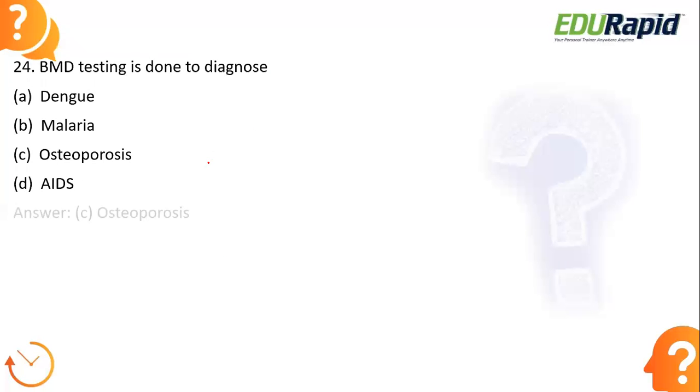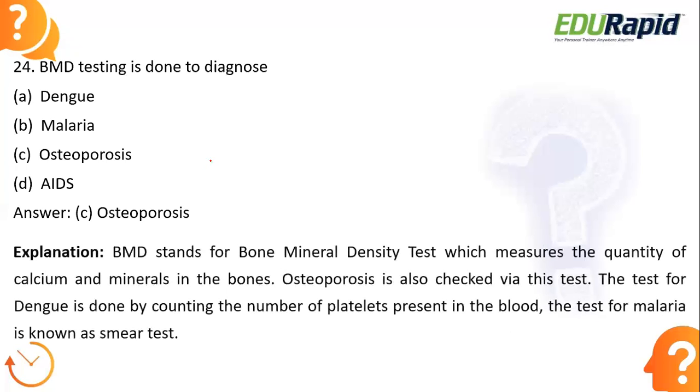And here the right answer is option C, osteoporosis, which is related to the bones that we have. BMD testing is bone mineral density testing, which measures the amount of minerals present in our bones. To detect this, a person will undergo BMD testing.